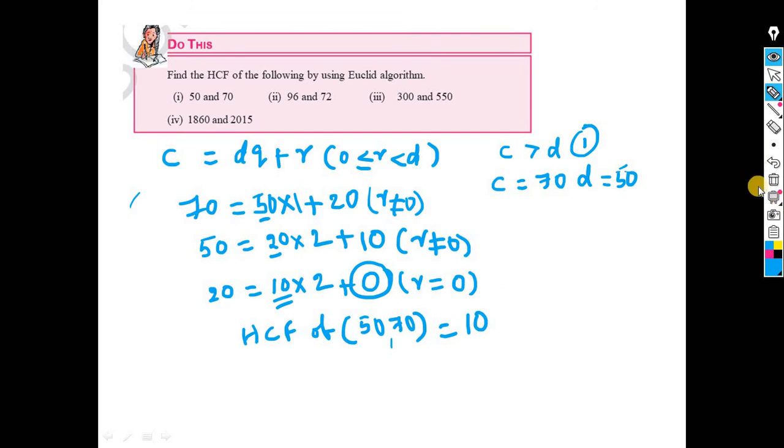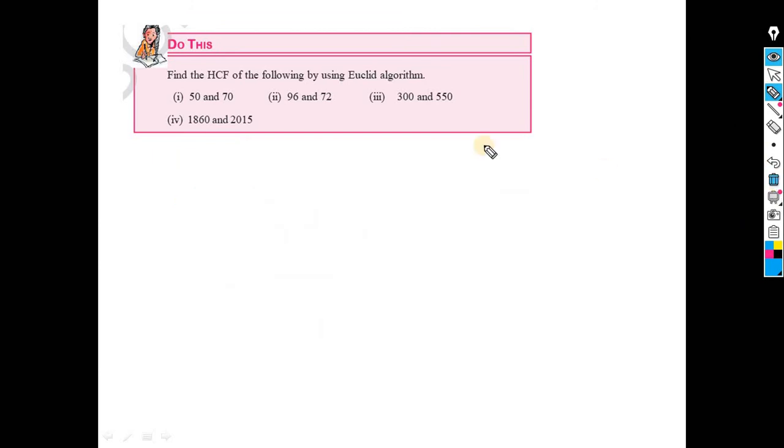Similarly, we will resolve the remaining problems. We go ahead with 96 and 72. Here 96 is C and D is equal to 72. How do you write 96 using Euclid's division lemma? 96 is equal to 72 into 1 plus the remainder 24.